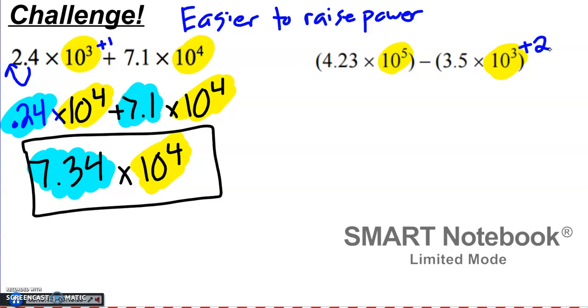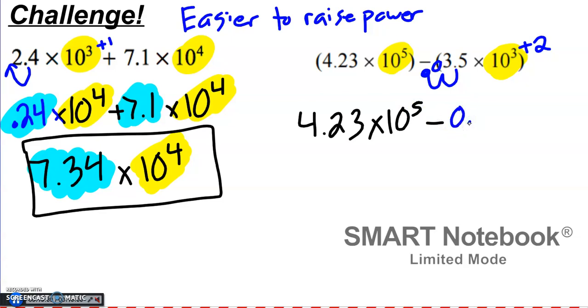But I need to keep the value the same. So I have to move this decimal twice to the left. So now we have 4.23 times 10 to the fifth minus 0.035 times 10 to the fifth.